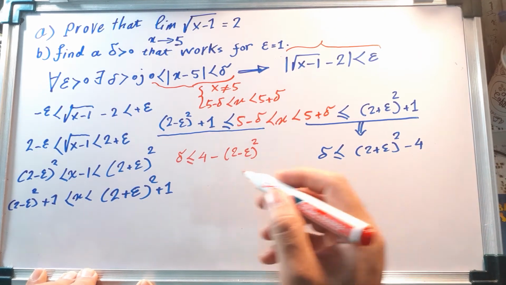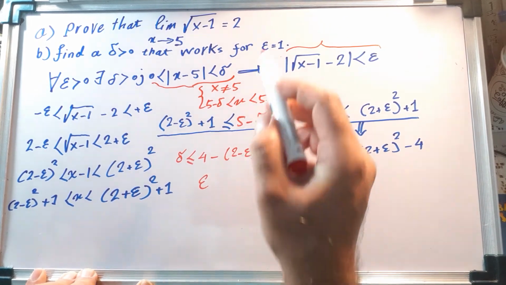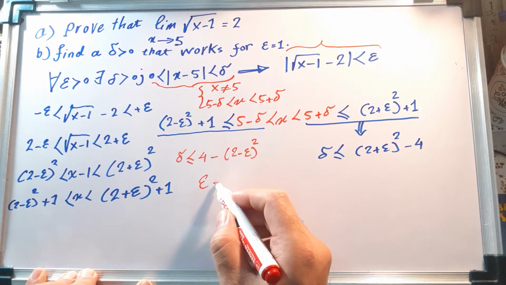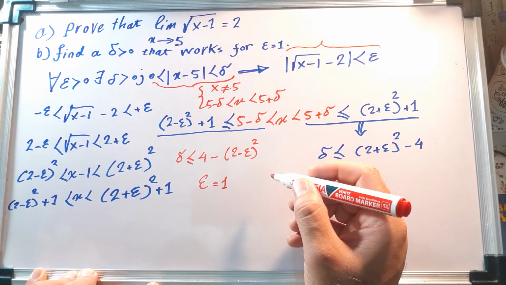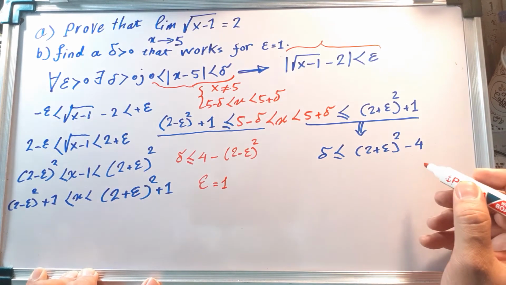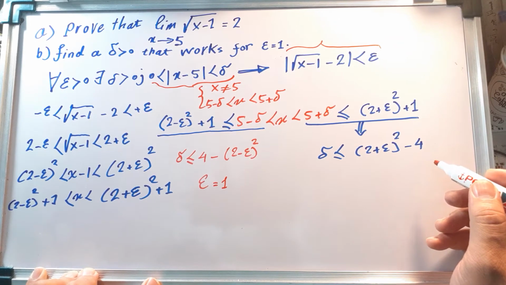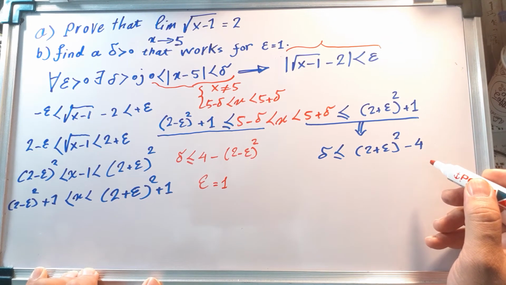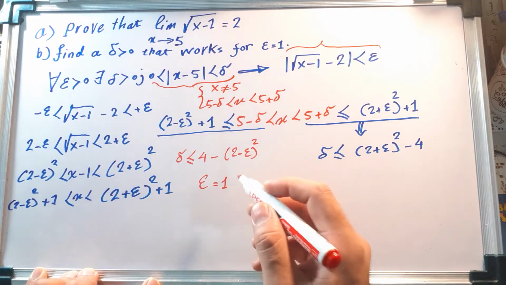Okay, by considering epsilon is 1 here, as a matter of fact, we should take the minimum delta.